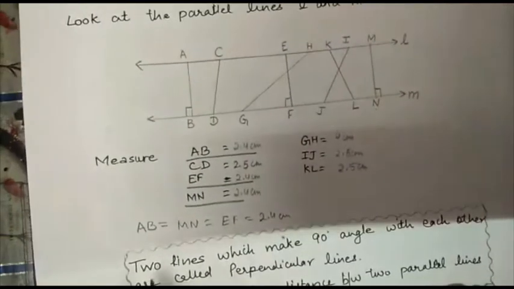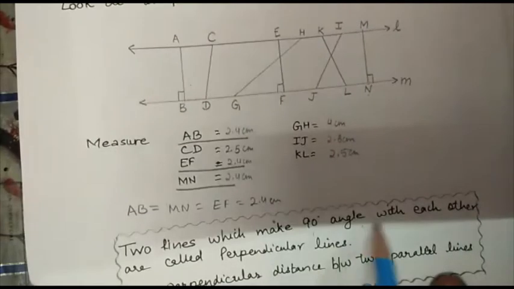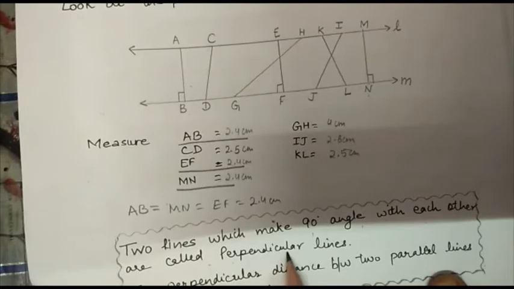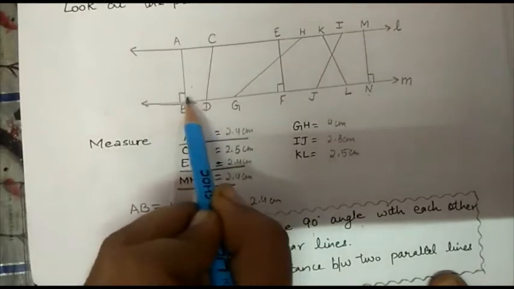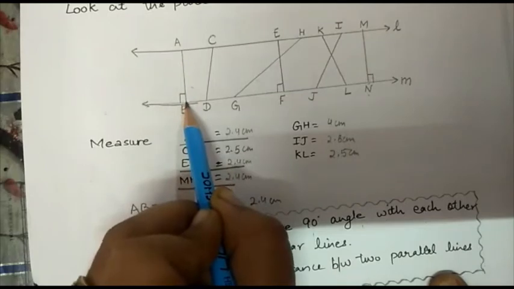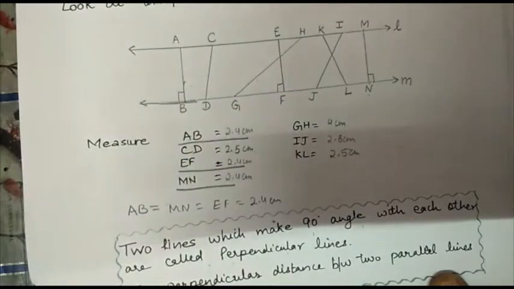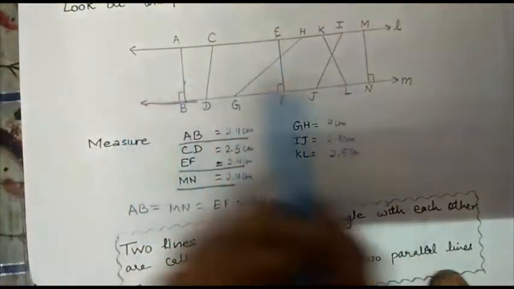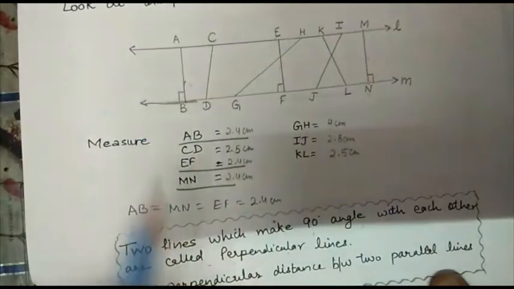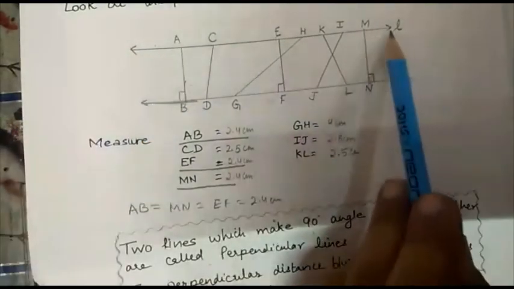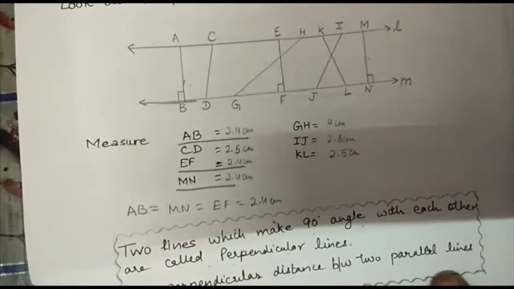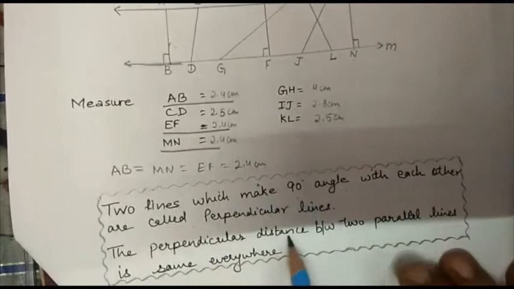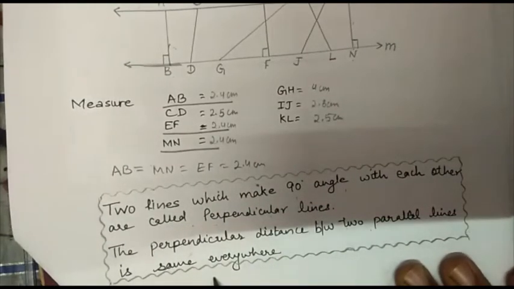So, if two lines make an angle of 90 degrees with each other, they are called perpendicular lines. And if the perpendicular distance between two lines is the same everywhere, it means these two lines L and M are parallel to each other. So the perpendicular distance between two parallel lines is the same everywhere.